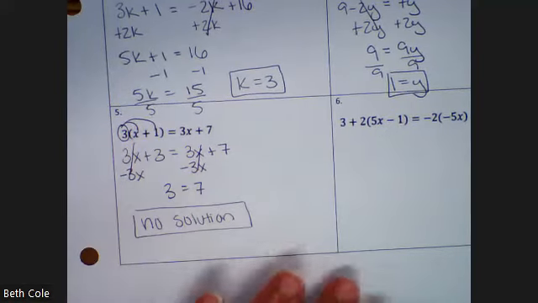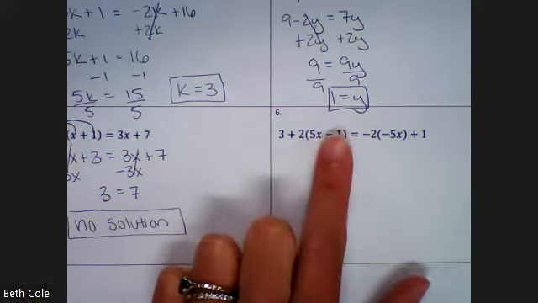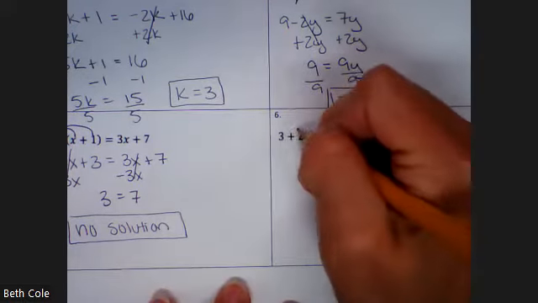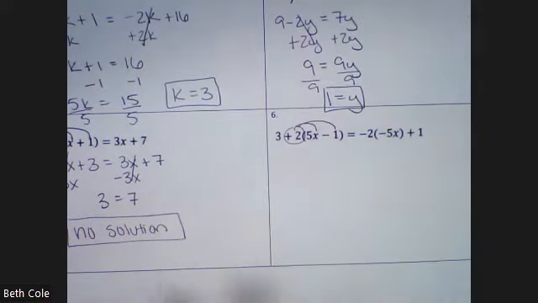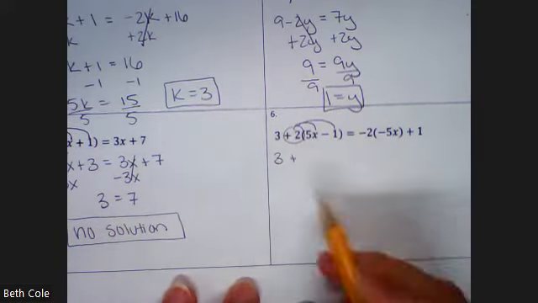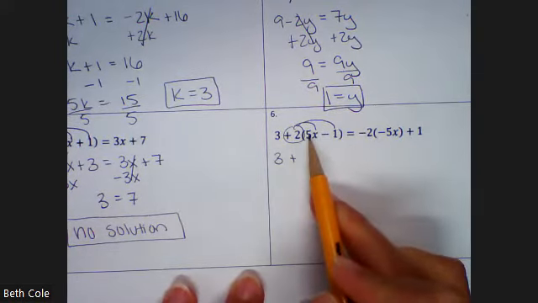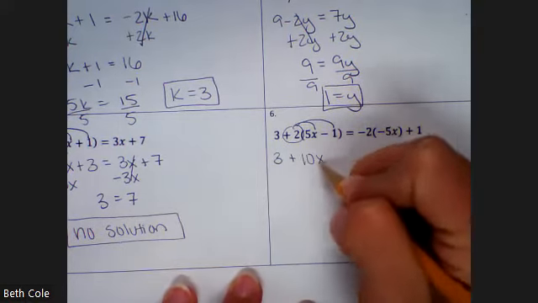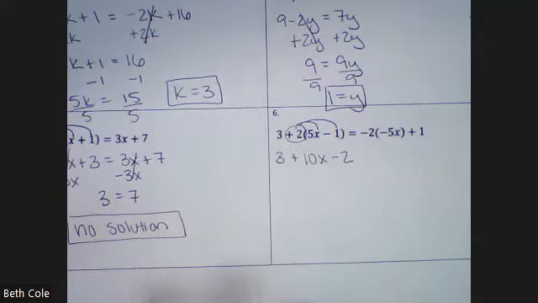I see parentheses, so we are going to distribute this 2. That will be 3 plus what? If we multiply a 2 there, 10x, good, minus 2. You're just multiplying the 2 to both parts of that.